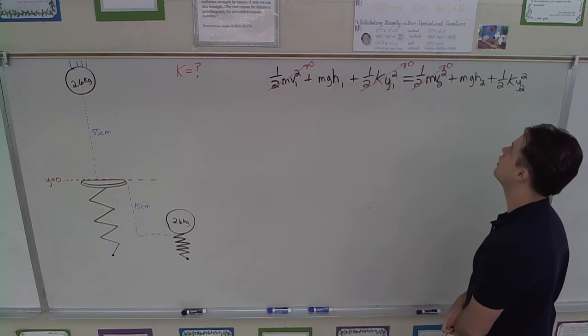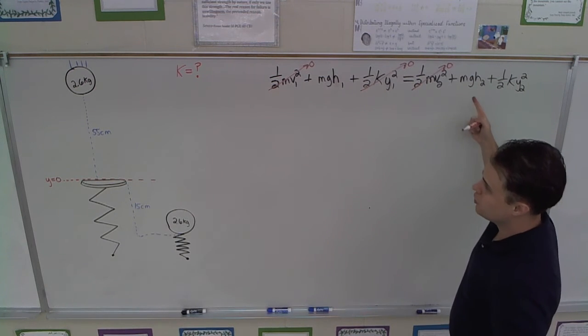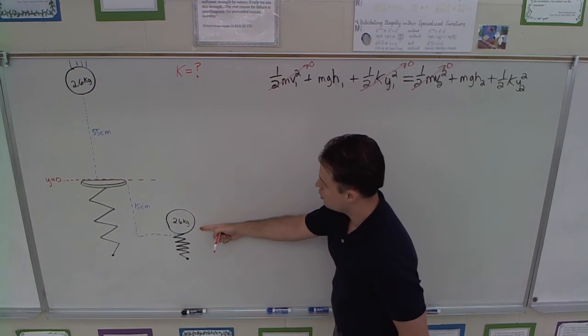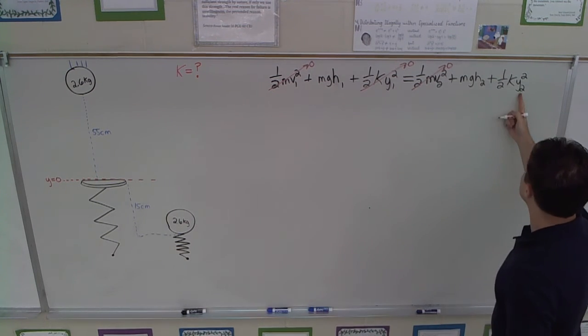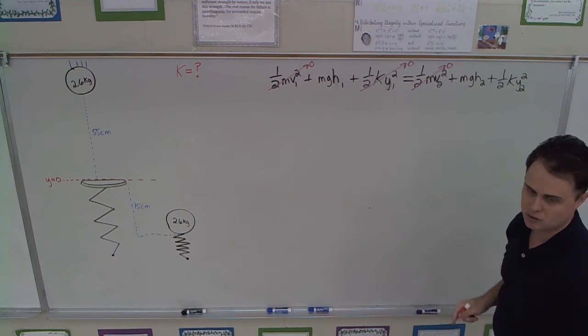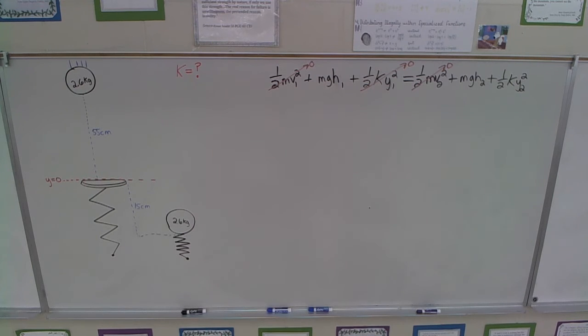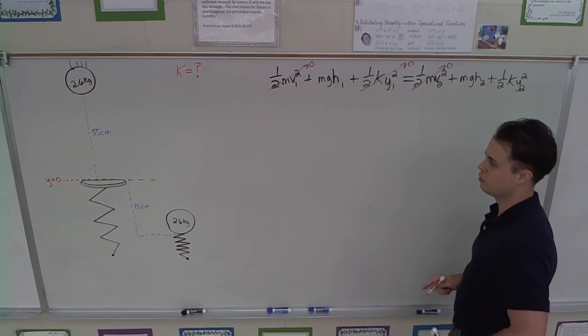We're not going to have any kinetic energy for that reason. The height of the ball will now be down below here at 15 centimeters. And what about the level of the spring at that point? So the spring will also have been compressed to that 15 centimeters.